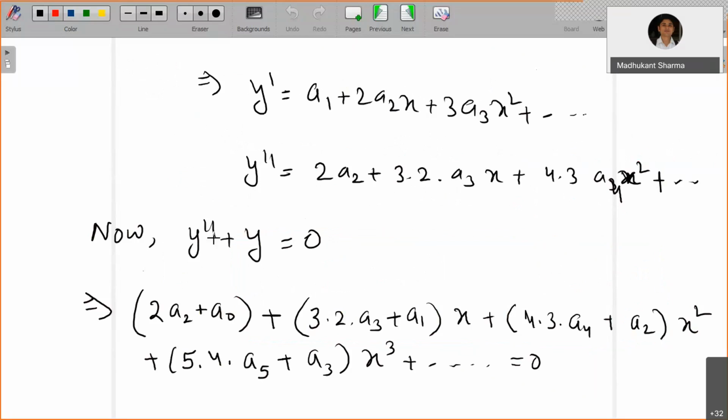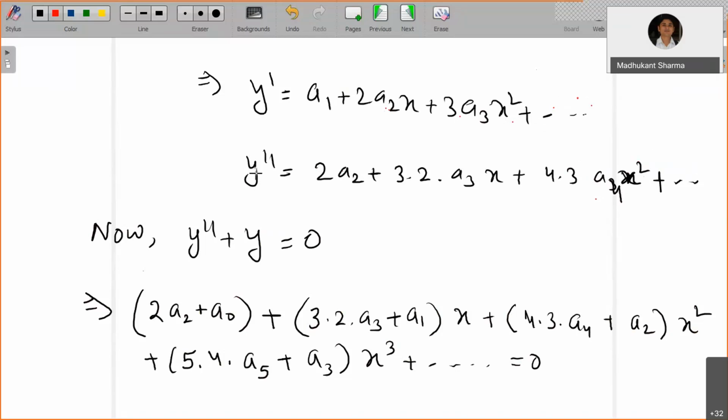So from here you can derive the possible y dash and y double dash. Now the equation is y double dash plus y equals 0. Y dash we have already done: a1 plus 2a2x plus 3a3x square and so on. Y double dash is 2a2, plus 3a3 into 2x, plus 4a4 into 3x square, and so on.